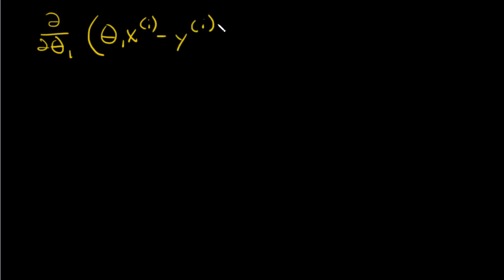So the partial with respect to theta 1 of theta 1 xi minus yi, and then that quantity squared. Well, that's going to equal 2 times the expression theta 1 xi minus yi, and that will be to the first power.